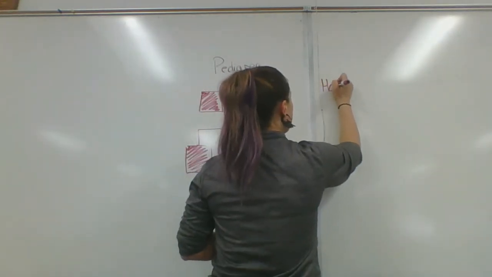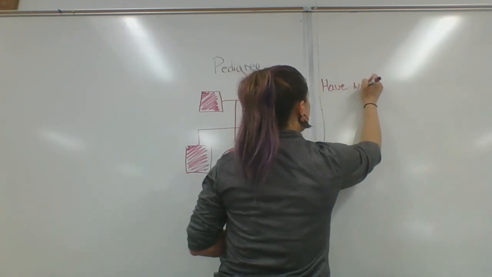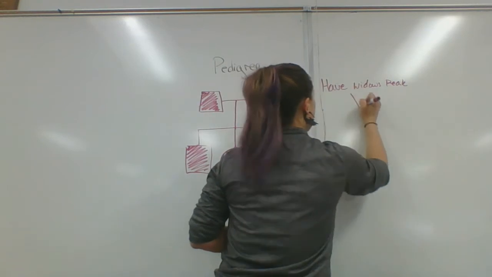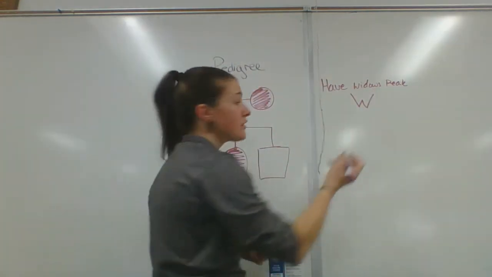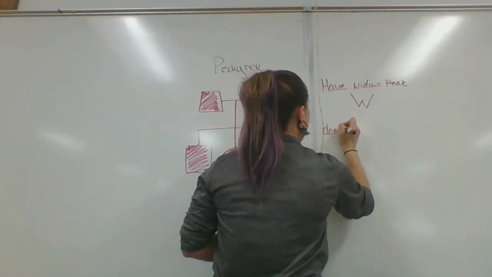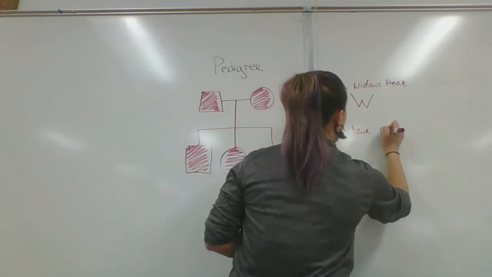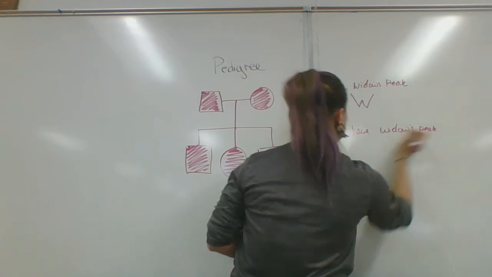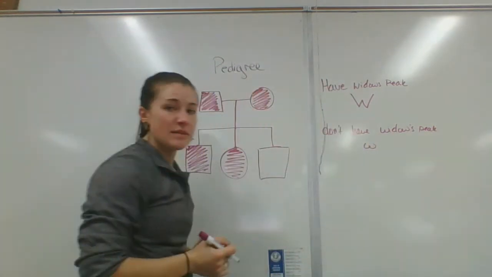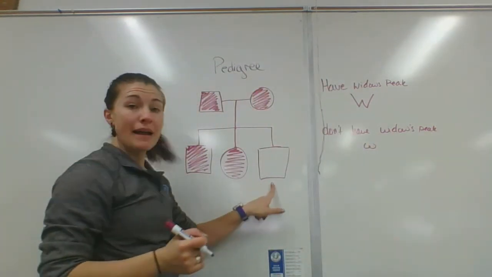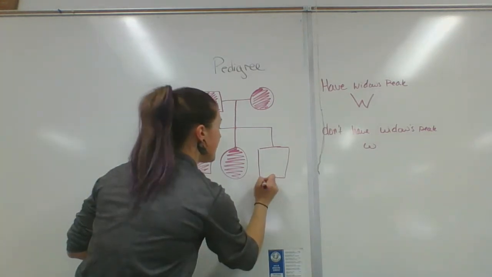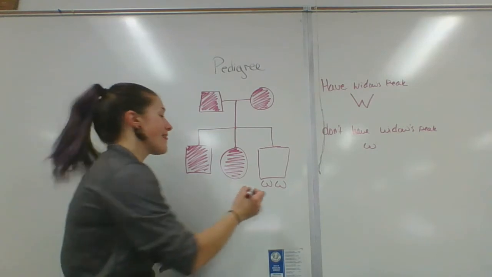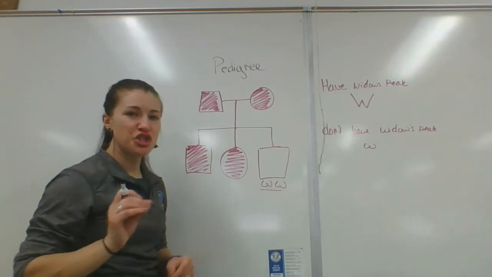Having a widow's peak is going to be a capital W, and not having a widow's peak is going to be a lowercase w. My little brother does not have it, so he has little w, little w. That is his genotype.